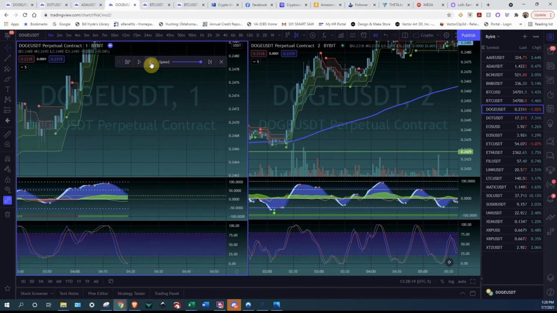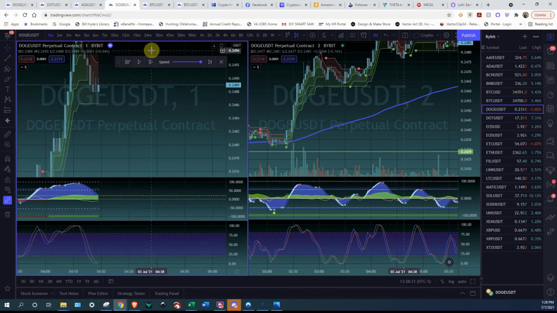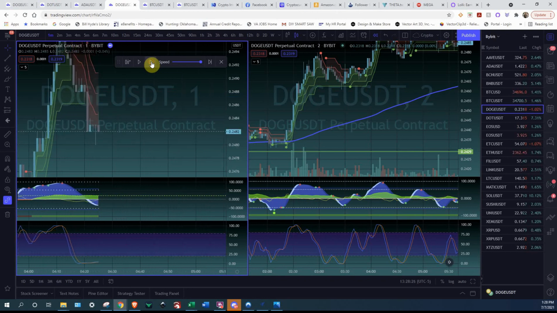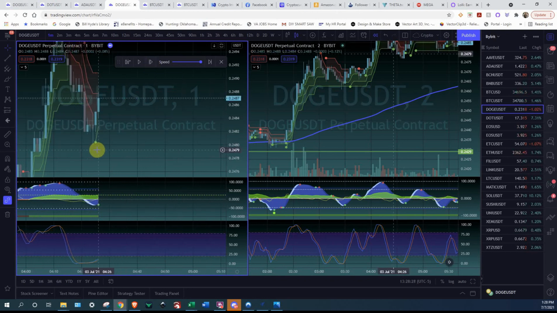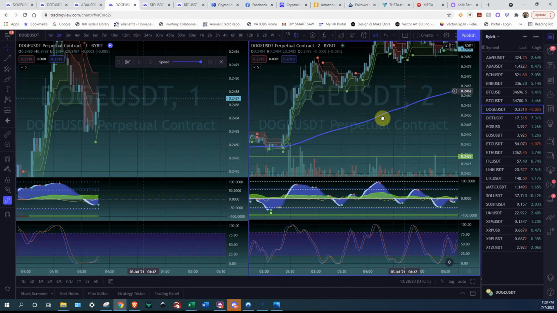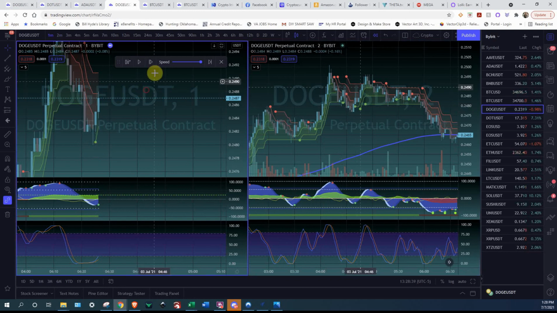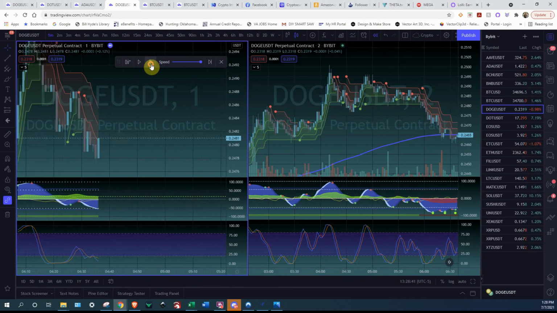So let's try to find another one here. Looking for another long. All right, we got a buy signal on this one. No buy signal on the 2-minute, so I wouldn't enter that. Let's try to find another one here.